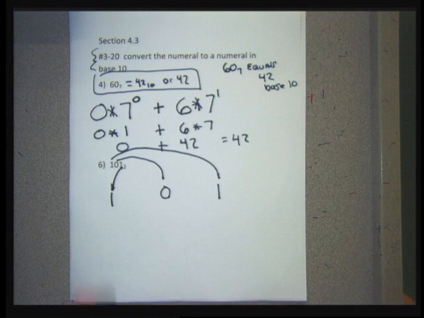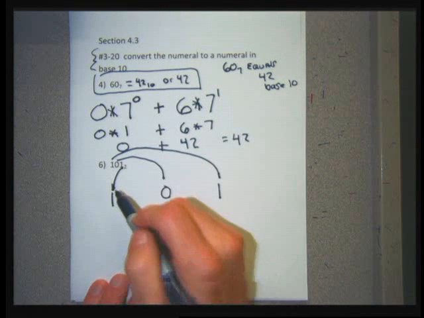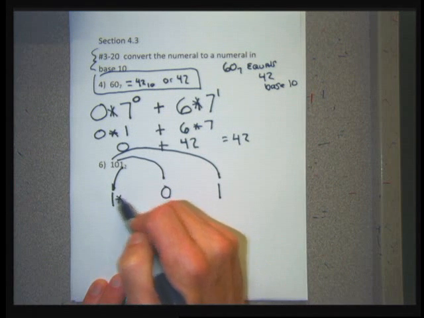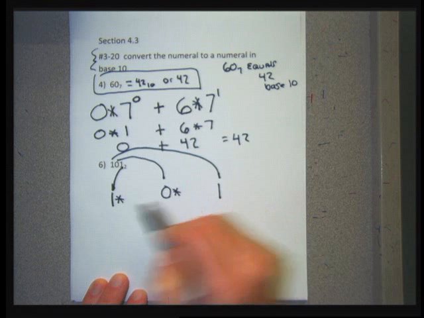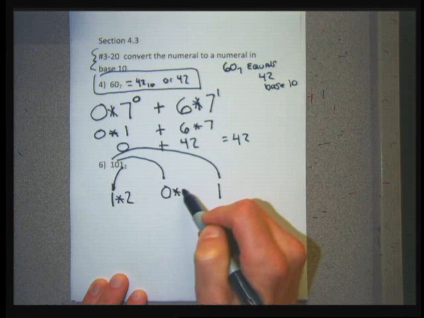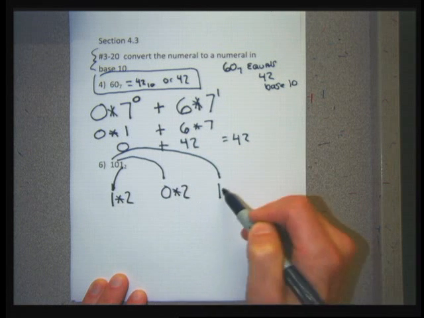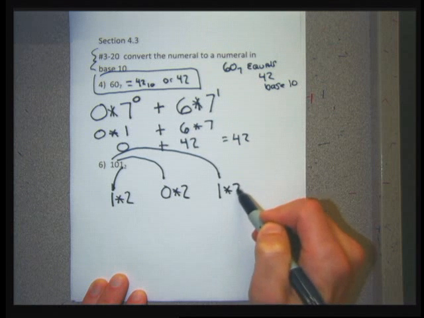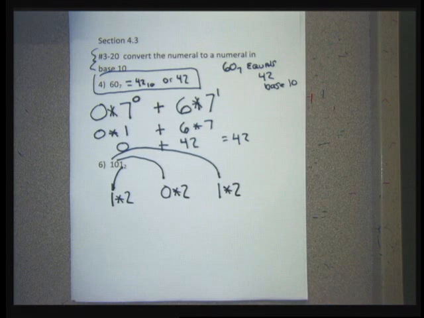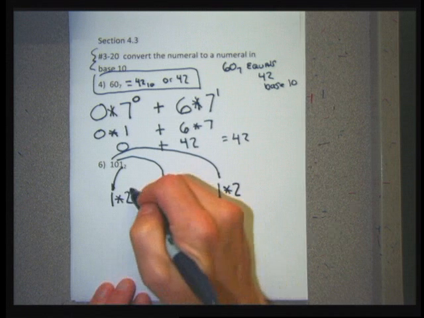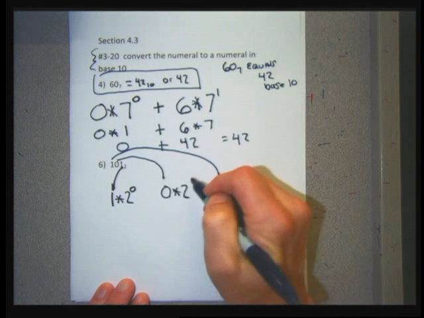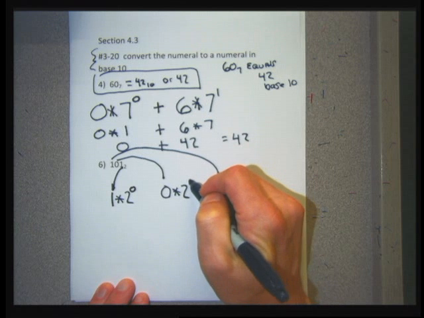And writing it backwards here, it doesn't look very different because it's kind of a mirrored image of itself. And then next to each number, I'm going to write a times a 2. In this case, it's a times a 2 as opposed to a times 7 because 2 is the base. And then I'm going to add exponents to the 2, starting at 0 and incrementing up 1 each time I see a 2.